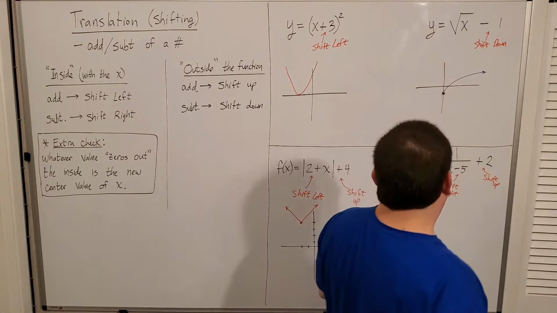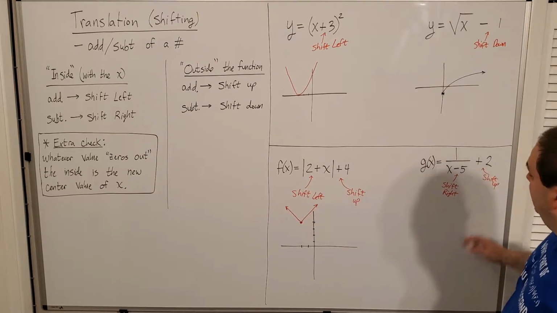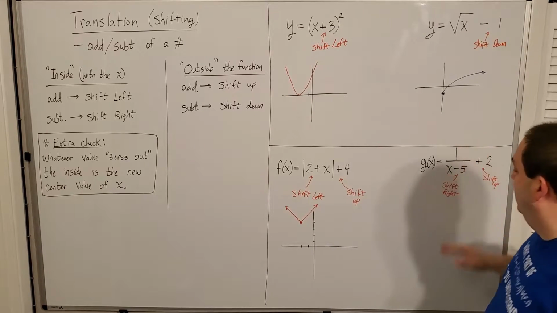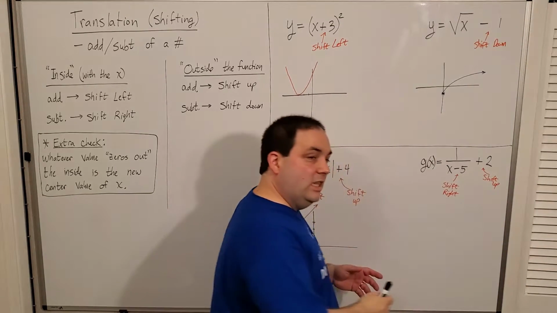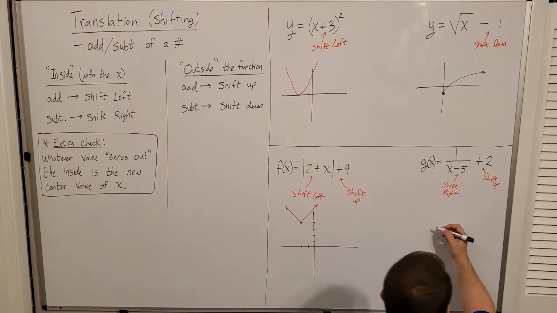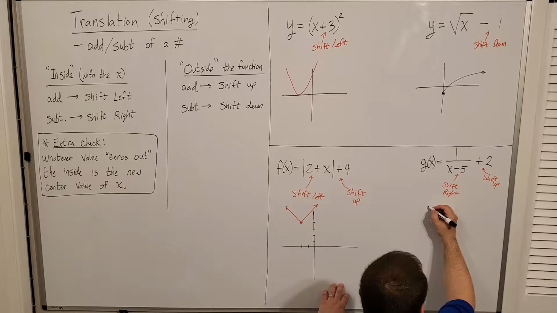Lastly, I've got the rational function here. It was the 1 over x, which remember is the baseball function, right? This one, I need a little bit more guidance though. I'm going to put my x and y axes down as usual. Okay?